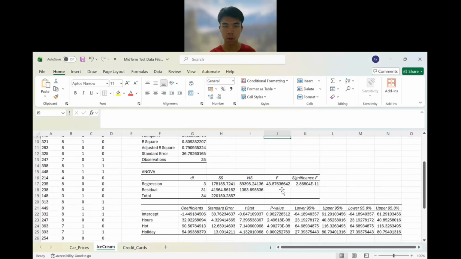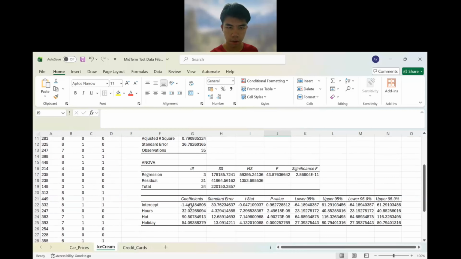So this is the equation. The intercept is negative 1.449. And then the coefficient for hours, the coefficient for whether the day is hot or not, and then the holiday.